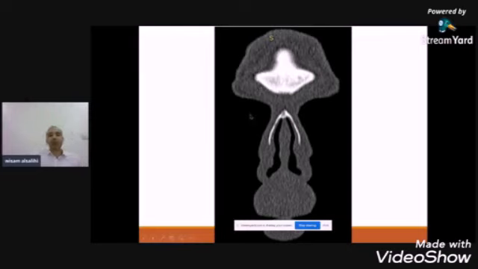We start from the first cut in coronal, then axial, then sagittal.